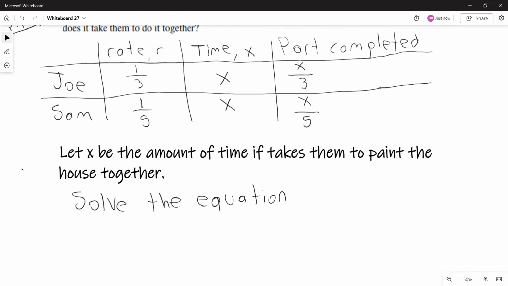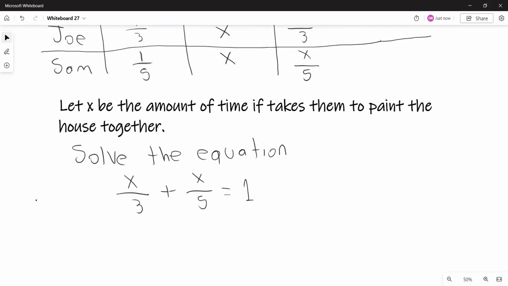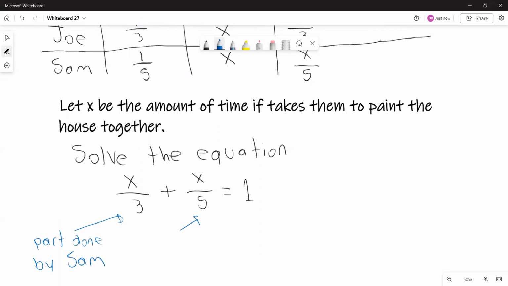It's going to be the part done by Joe, that's x over 3, plus the part done by Sam, x over 5, and that equals 1, one whole job.